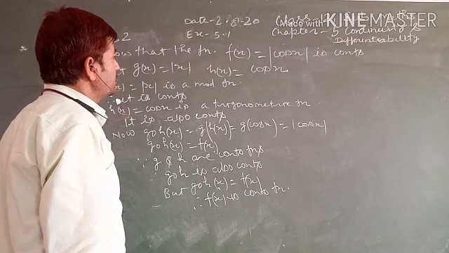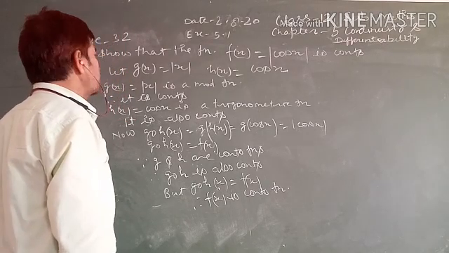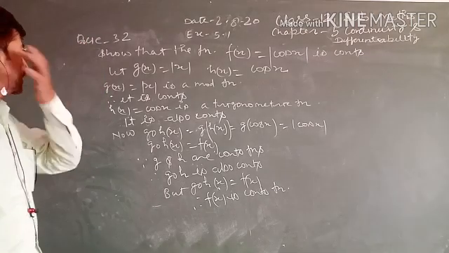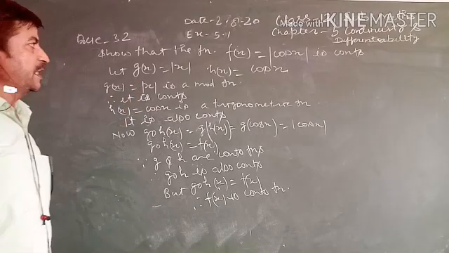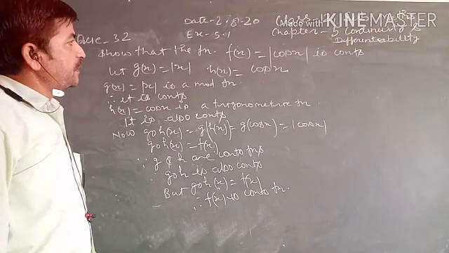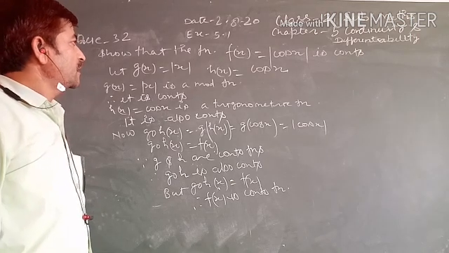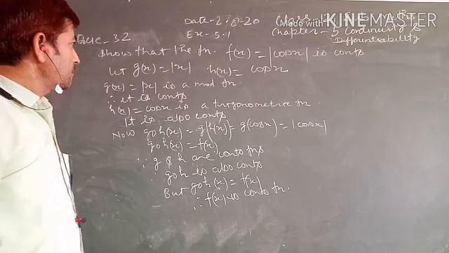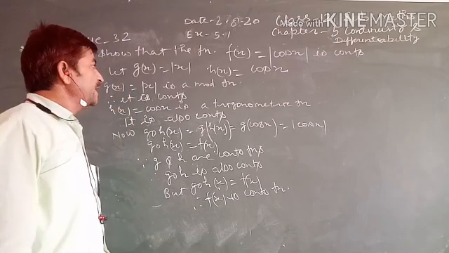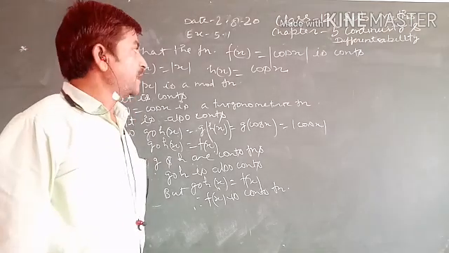In this question, we suppose two component functions of the given function, g(x) and h(x). g(x) is mod x and h(x) is cos x. How do we split these functions into two component functions? We split them such that the composition of these two functions should be the given function.